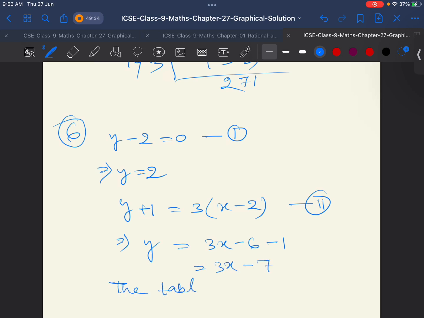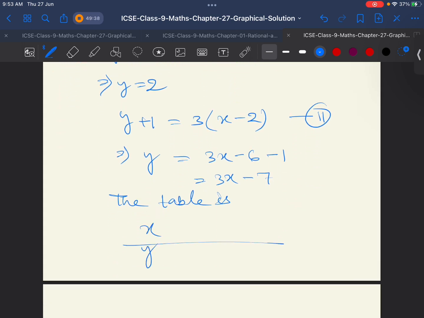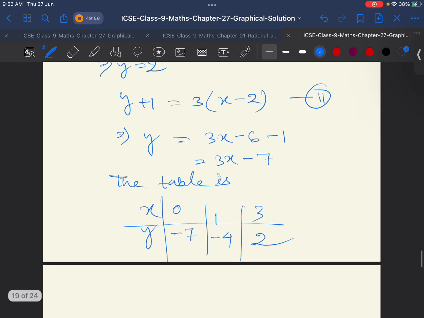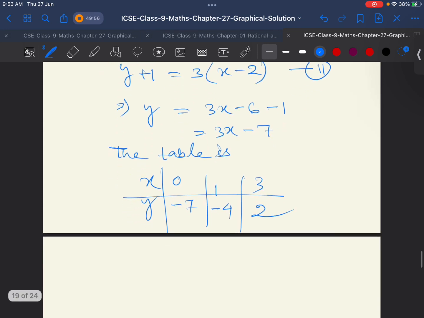So the table for equation 2 is x and y. When x is 0, y is minus 7; x is 1, y is minus 4; x is 3, y is 2.